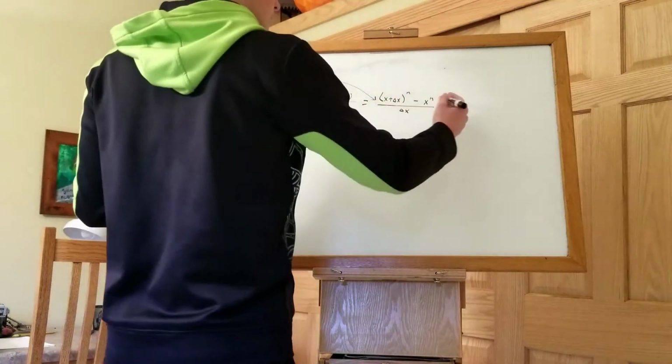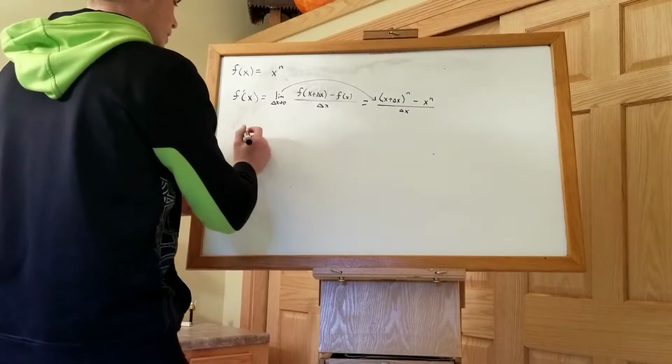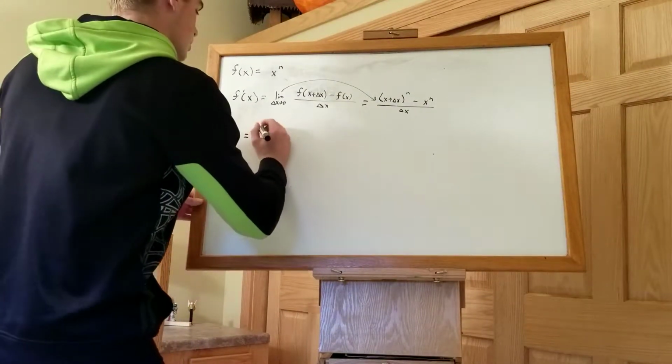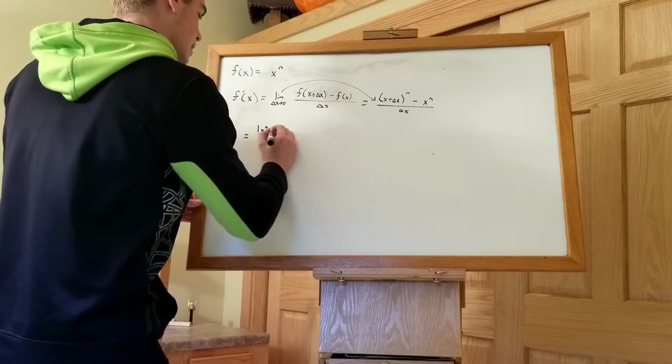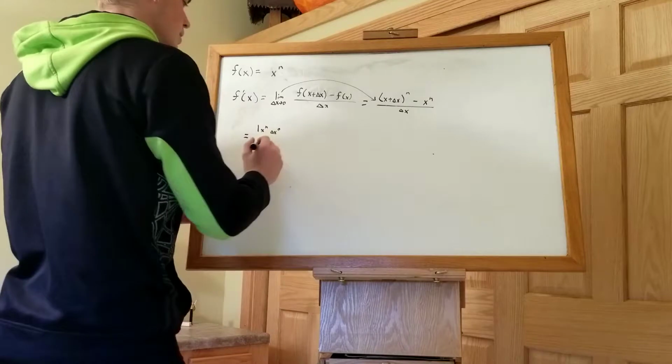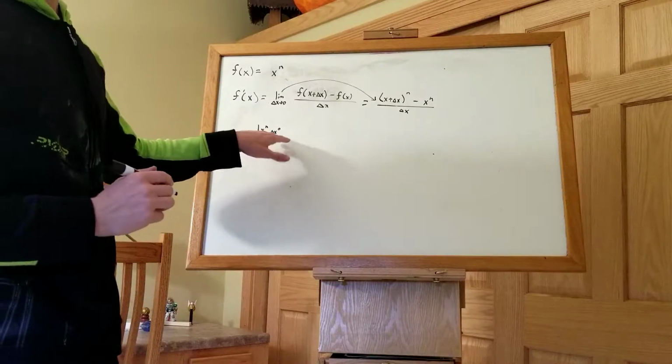So then that, we know, I'm just going to write it over here, will be equal to, that first one was 1 x to the n delta x to the 0. And keep in mind this is just 1.